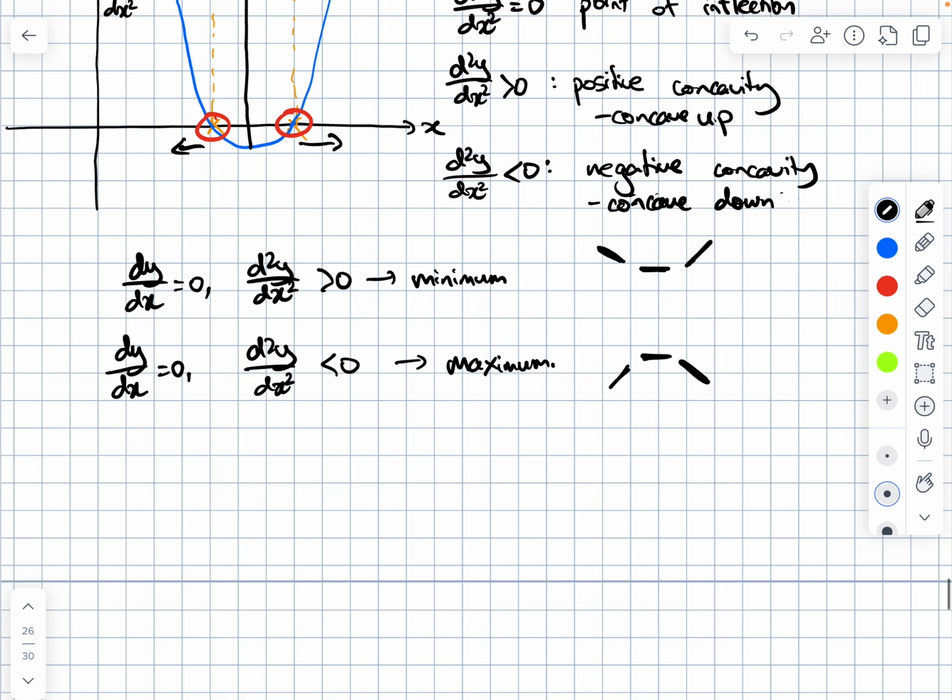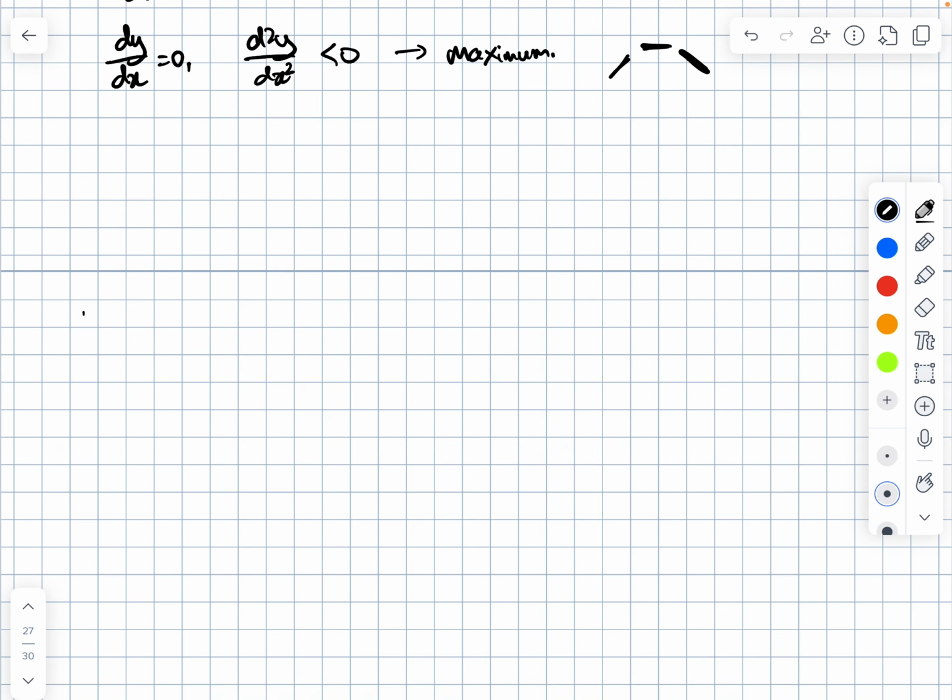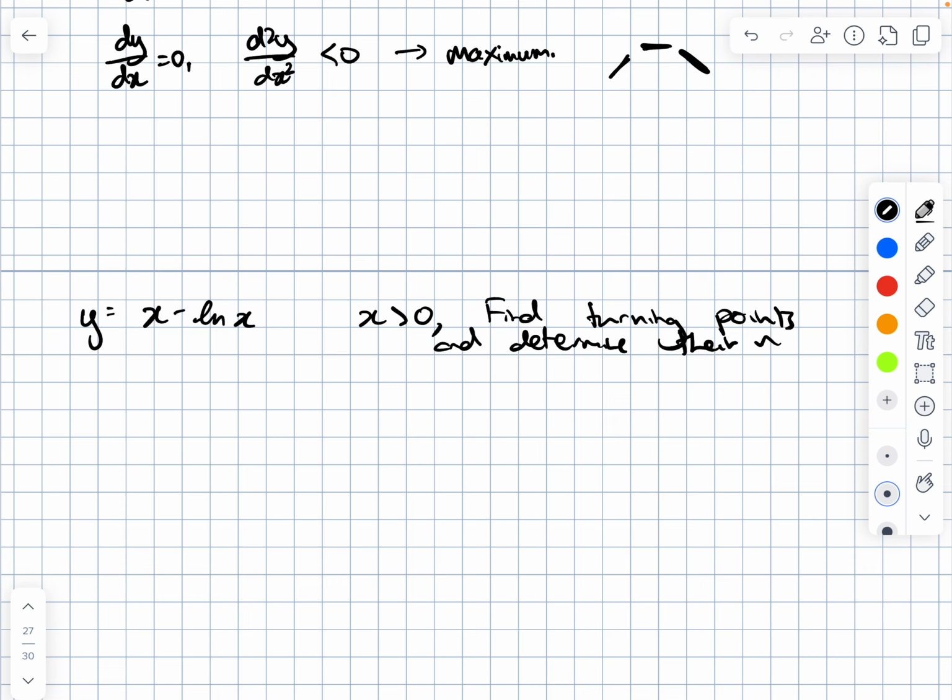So, say you are asked for the graph y equals x minus ln x, where you're also told x is greater than 0. Find turning points and determine their nature.